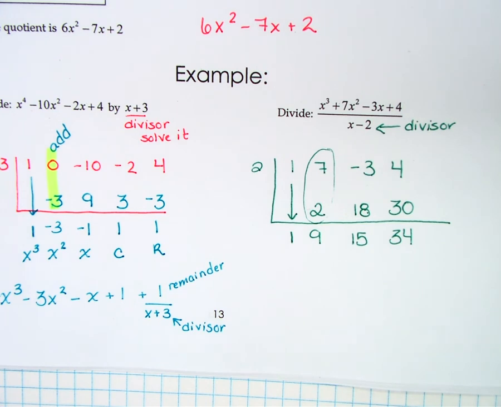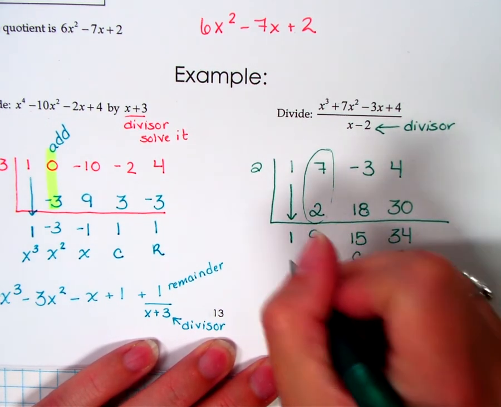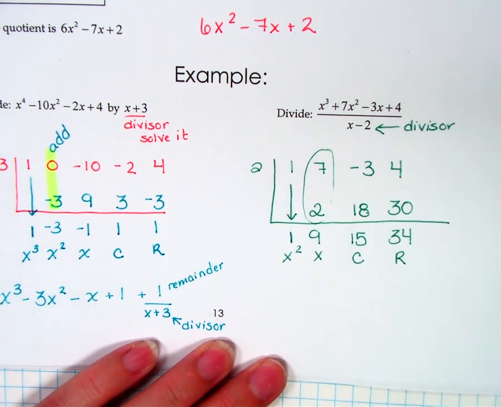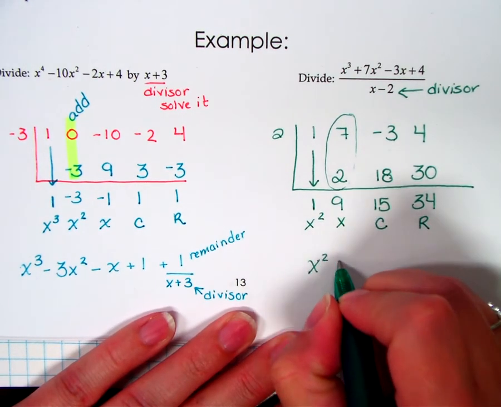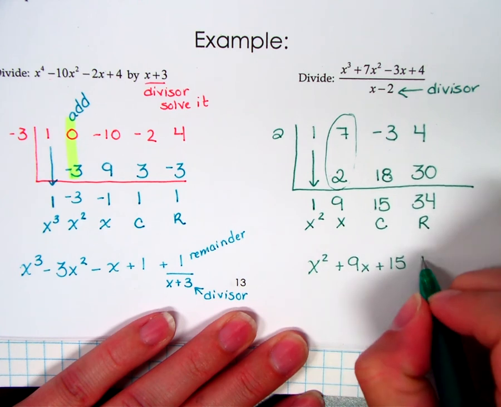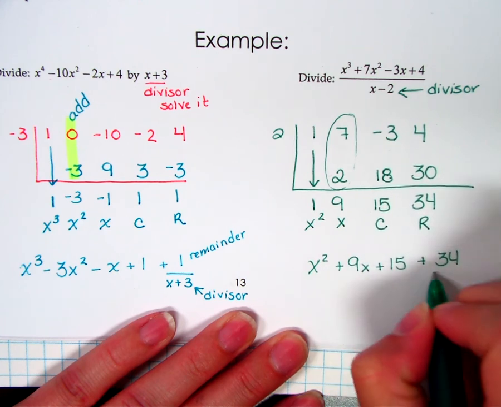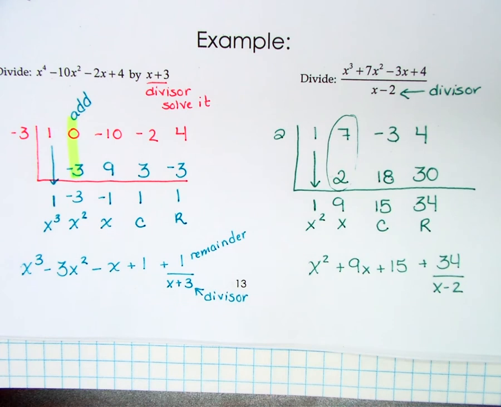Okay. So to remind myself: remainder, constant, x, x squared. So it's going to be x squared plus 9x plus 15 plus 34 over x minus 2, because we can't break down that last group.